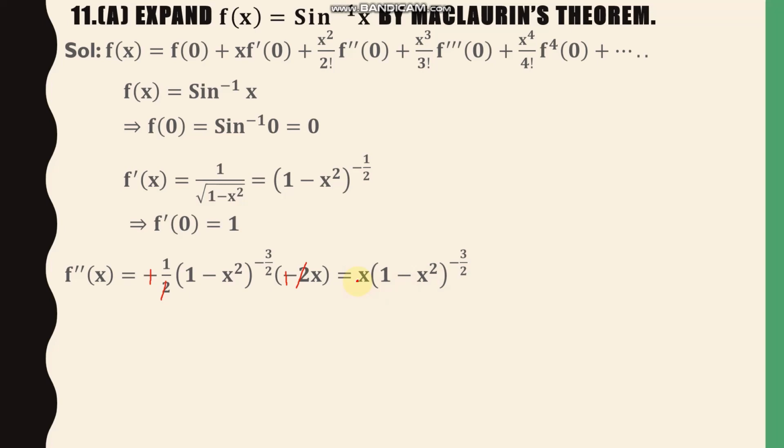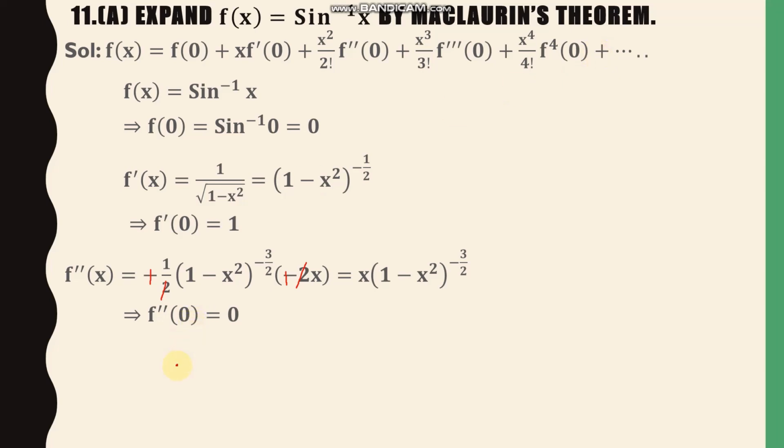Now if you put x equal to 0, we get the second derivative to be 0. Okay, so in this case the even derivatives will come out to be 0. If you find out the even derivatives of sine inverse x, they will all come out to be 0. So in this expansion only odd powers of x will appear.